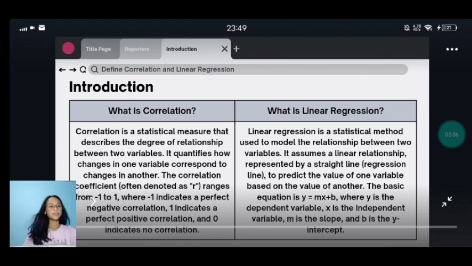So the significance of both the correlation and linear regression is that these are fundamental tools in statistics, providing quantitative measures and models to analyze relationships and make informed decisions based on data. Yes, so these two, the correlation and linear regression, are very important, especially to us entrepreneurs when we conduct market research.